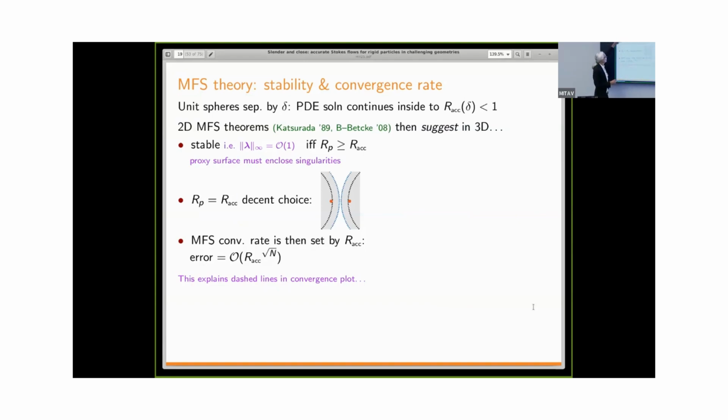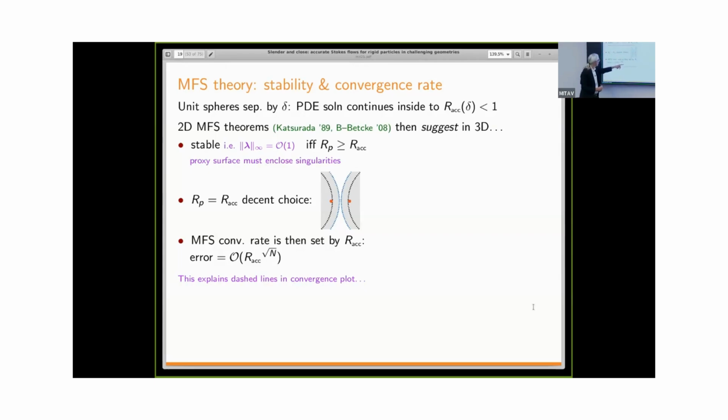It turns out from MFS theory in 2D, and again, it's rigorous in 2D, but it suggests certain things about how we should set up the MFS in 3D. Basically, it says that these singularities should be enclosed by the proxy point curves. And if you do that, then you can get a stable, meaning an order 1, set of strengths. If you don't do that, then the strengths blow up exponentially.